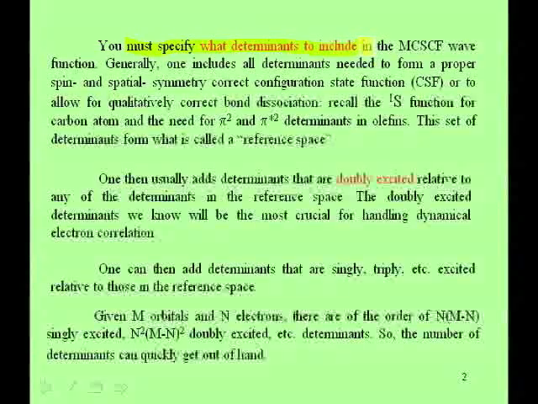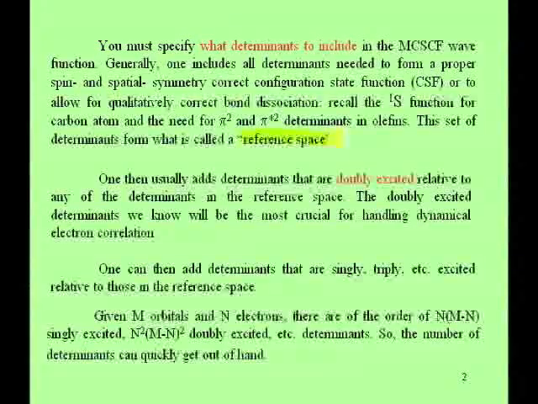Here, though, in MCSCF theory, you have to determine a space of determinants. That is a set of them, for example, pi squared and pi star squared, or for the singlet S of carbon, those 3 determinants. They might be the ones you include. So you have to make a choice of what is your set of what we call reference determinants, the determinants that are included in this starting point.